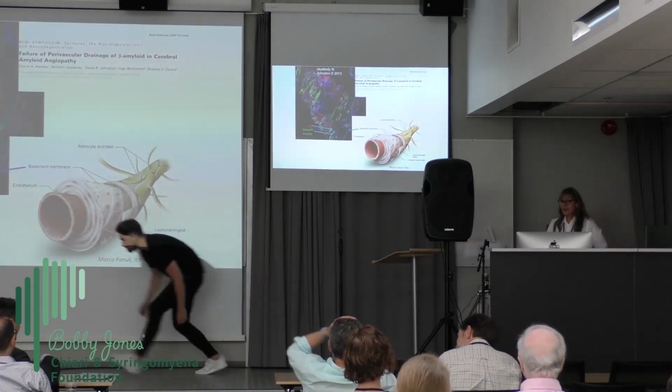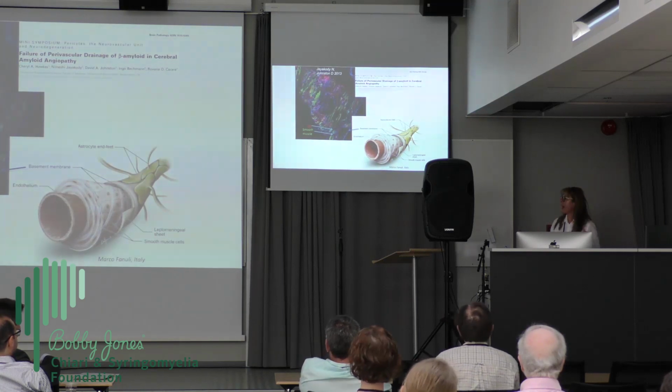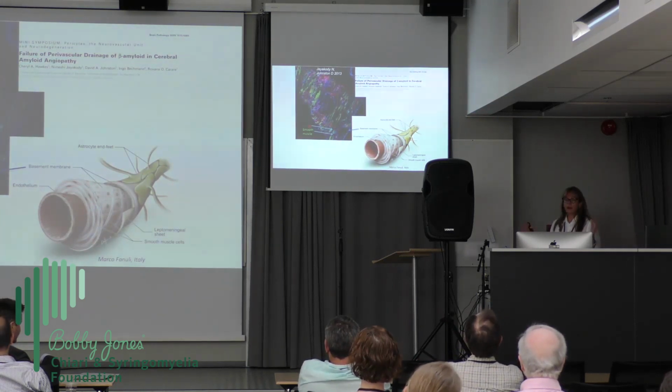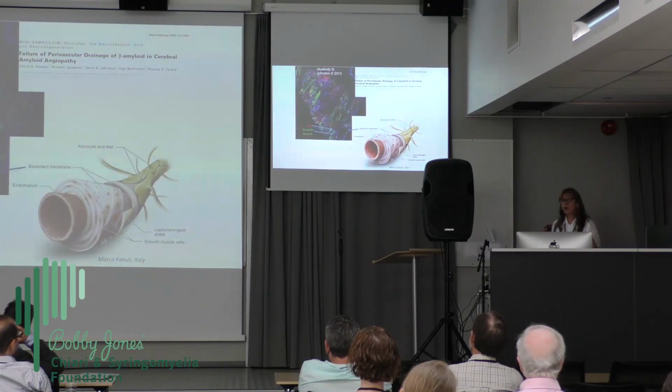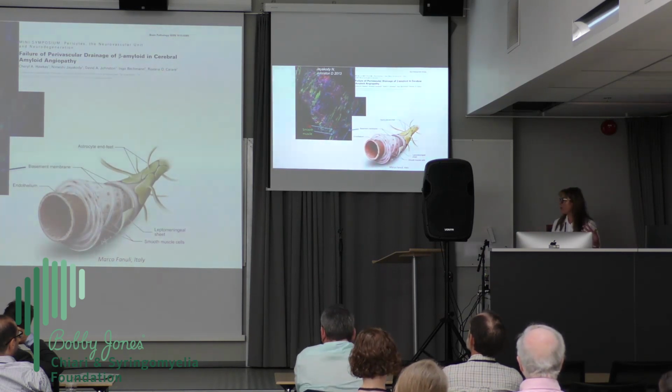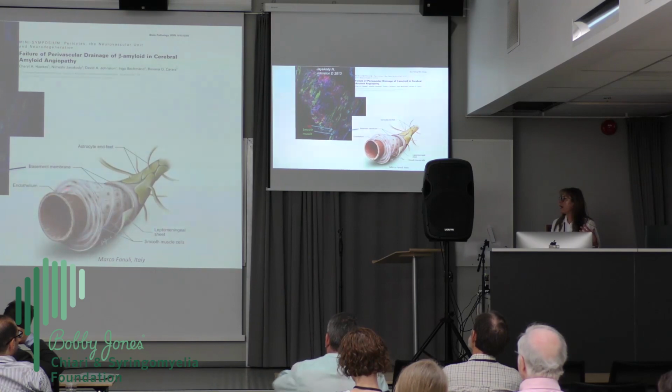Anyway, as an anatomist, I'd like to point out that in the wall of an artery, I know everybody's familiar with most of this, there are basement membranes around each component of the artery. So there is a basement membrane of the endothelium. In tunica media, there are several layers of smooth muscle, each separated by a basement membrane.